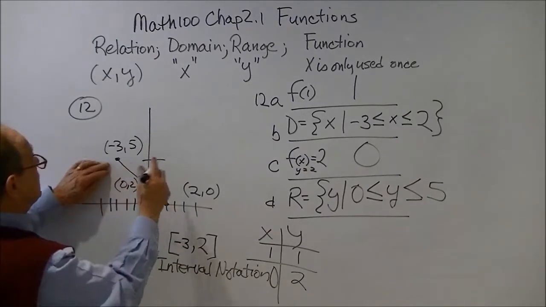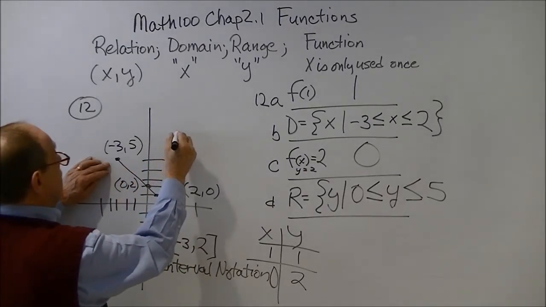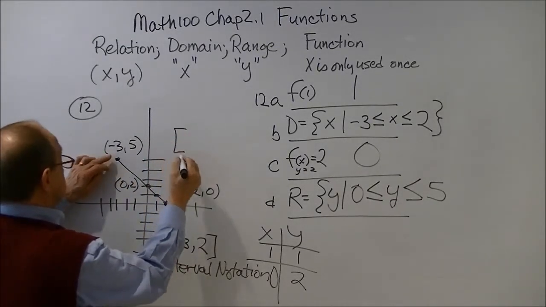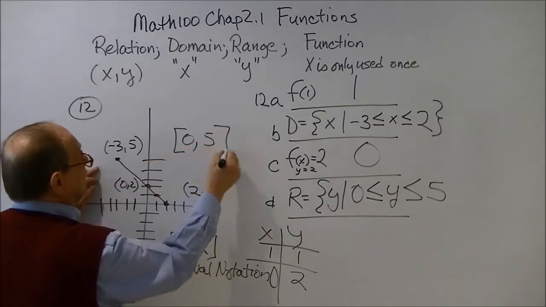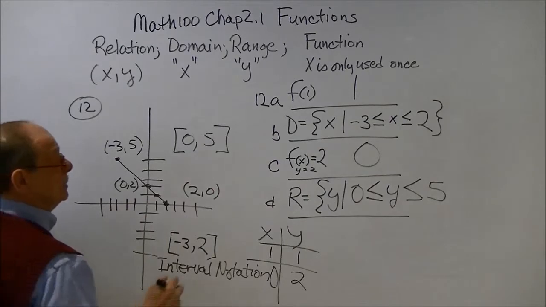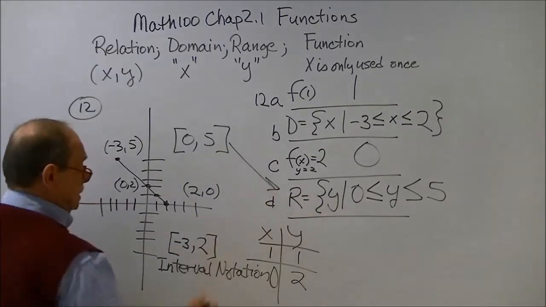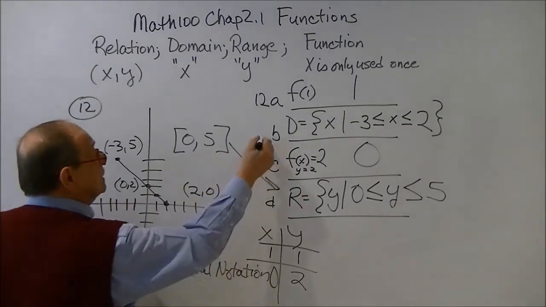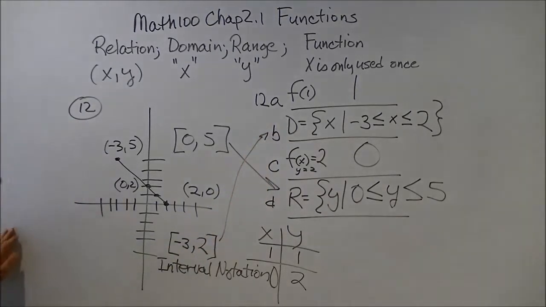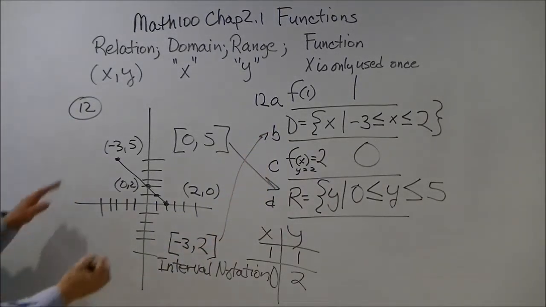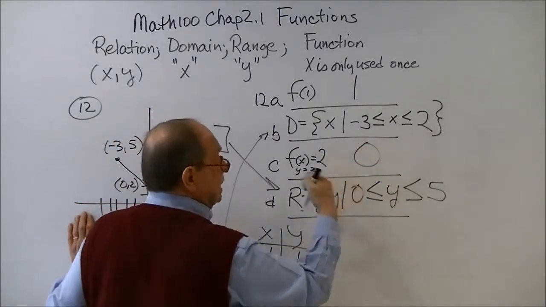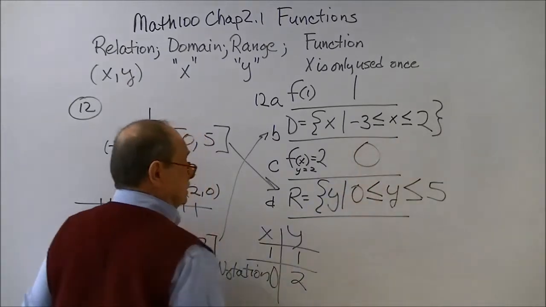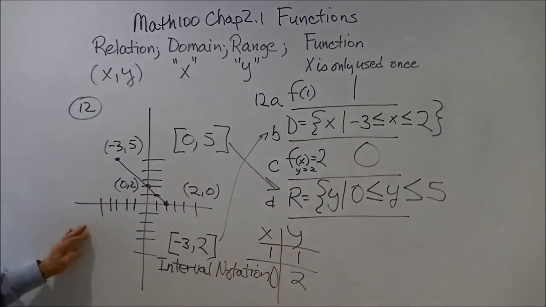Y, I should have written it this way. Y is going to be starting at 0 and going up to 5. That would be interval notation for this one. And this is interval notation for that one. Whenever there's a limit, we put the letter representing our values in the middle. We'll use one or the other kind in a moment.